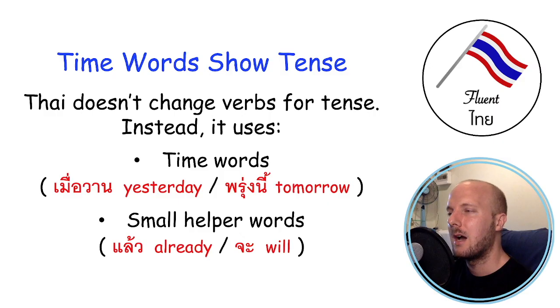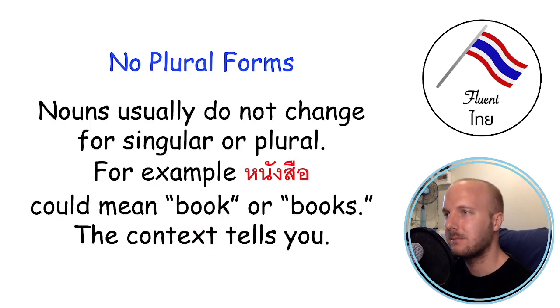But in Thai, the tense or the time is usually conveyed by specific time words like yesterday, เมื่อวาน, or พรุ่งนี้ will be tomorrow. Smaller helper words, adverbs, conjunctions, things like แล้ว, which means already, and จะ will would be an easy way to convey past or future.